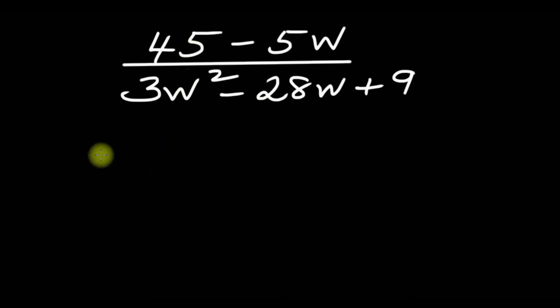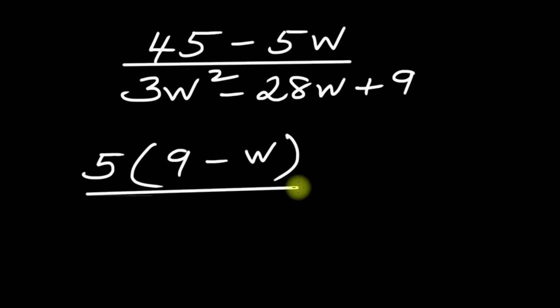So 5 is your greatest common factor. So if you pull a 5 out, 5 goes into 45 9 times, and then 5 goes into 5w, w times. And then for your denominator, since it's a trinomial and you cannot pull anything out, because 3 cannot go into 28 exactly, you're not going to be able to pull a 3 out.